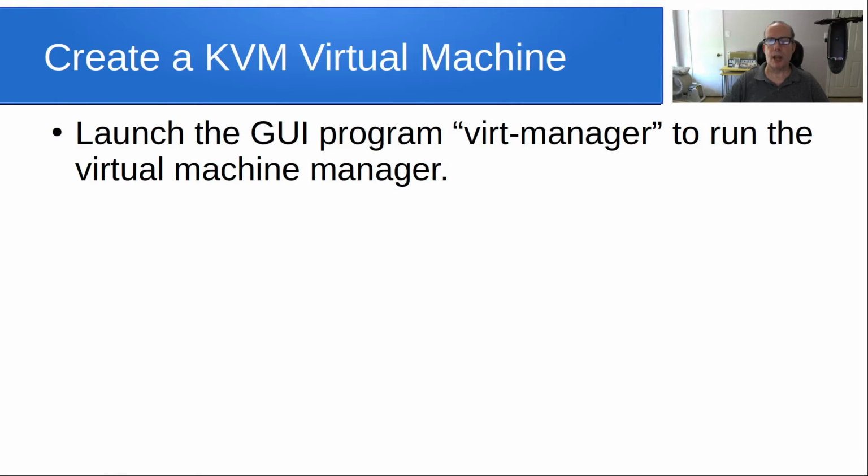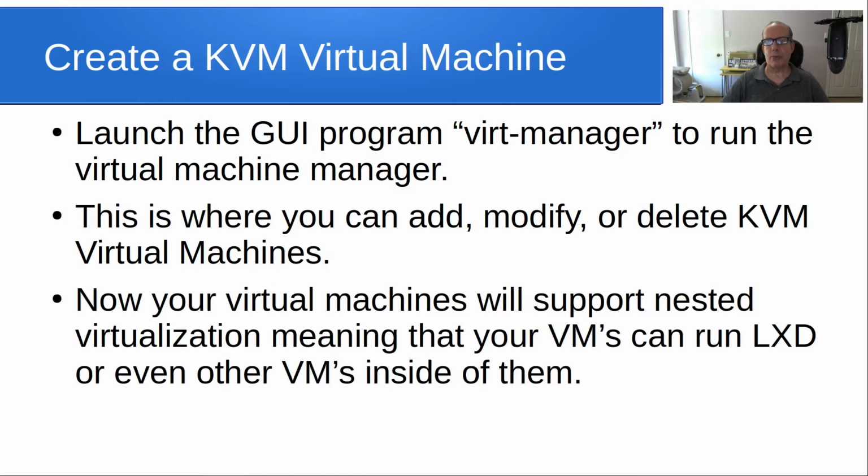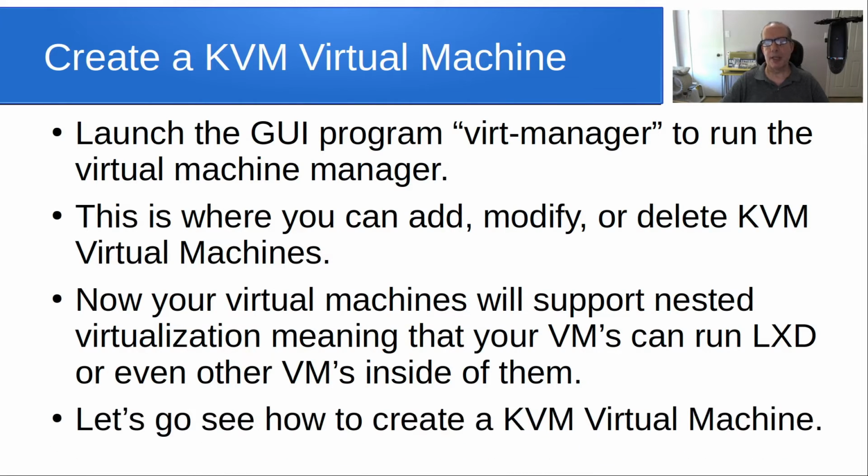We're going to launch the GUI program Virt-Manager to run the Virtual Machine Manager GUI front end. This is where you can add, modify, or delete KVM virtual machines. Now your virtual machines will support nested virtualization, meaning that your VMs can run LXD or even other VMs inside of them. Let's go see how to create a KVM virtual machine.